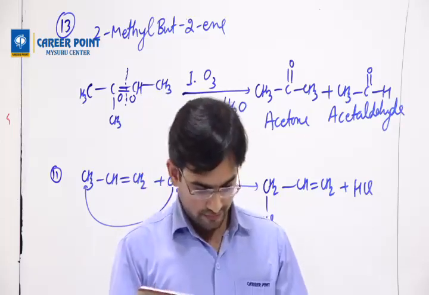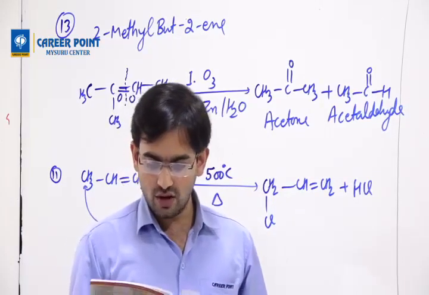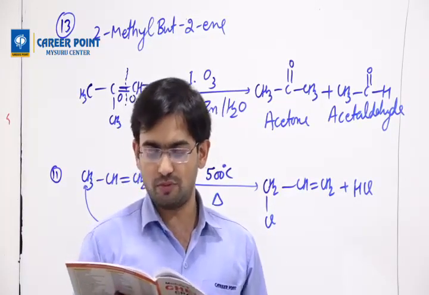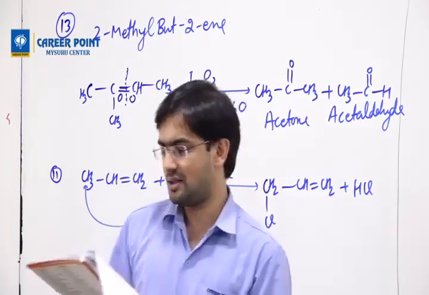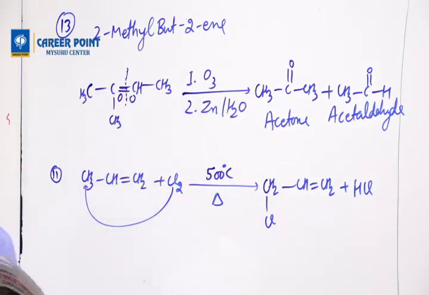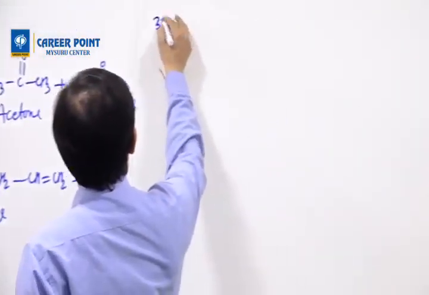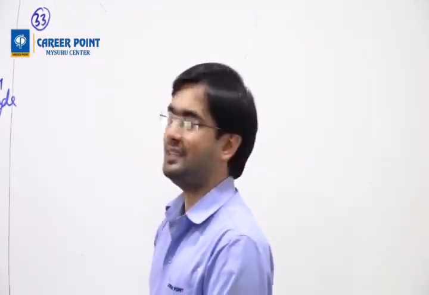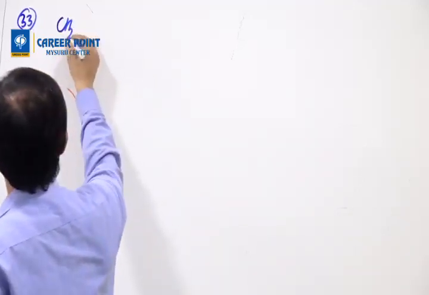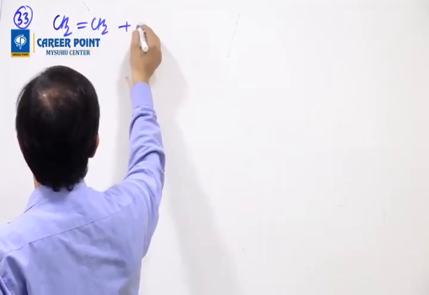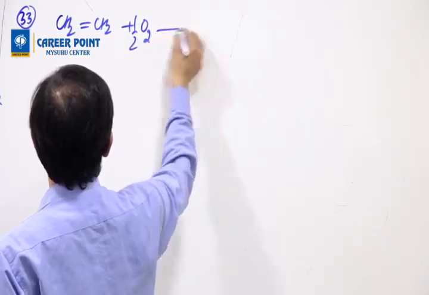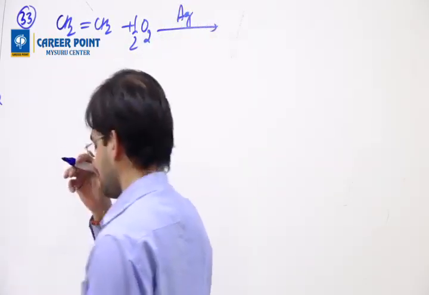Question number 33. The reaction of ethene with oxygen in the presence of silver catalyst gives ethylene oxide. So this is a reaction for formation of ether. Ethene is CH2 double bond CH2 plus half O2 in the presence of silver.